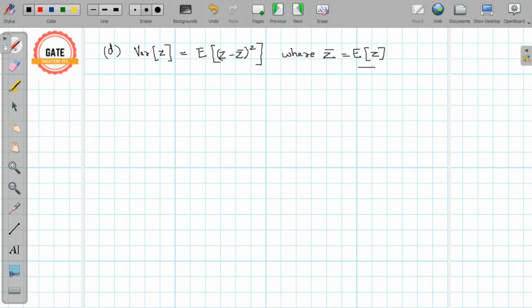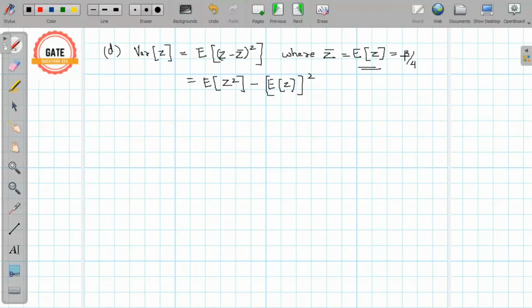So this we have already calculated in part C of the question, and also this is equal to expectation of Z square minus expected value of Z raised to power 2. From the part C of the question, we know this is equal to 3 by 4.